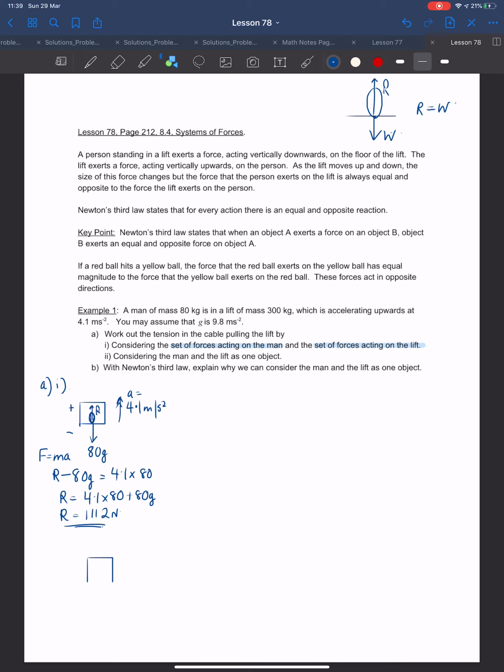So if we start with the trailer, T minus 100, we'll do F equals MA for each one, by the way. So T is positive, take away the 100 is mass times 2.4. So T is 250 times 2.4 plus 100, 700 newtons.